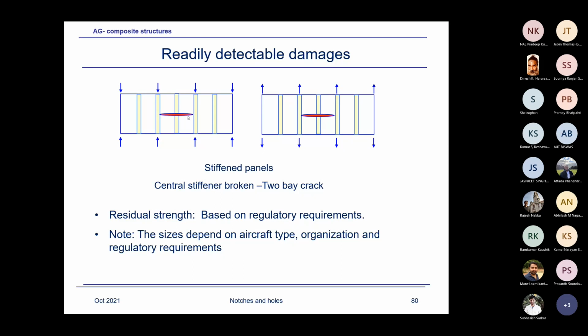There is a difference between tolerance and resistance. For the same energy level, suppose you have the impactor, if it's a brittle matrix, it will create larger damage than the ductile or toughened matrix. Now, suppose you have two damages which are the same in toughened and non-toughened matrix.